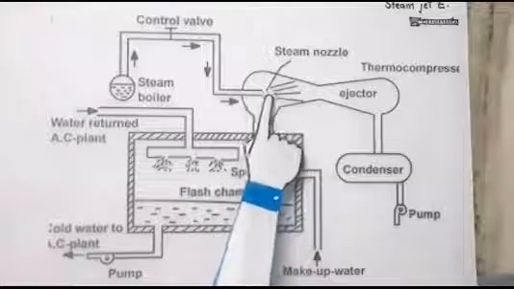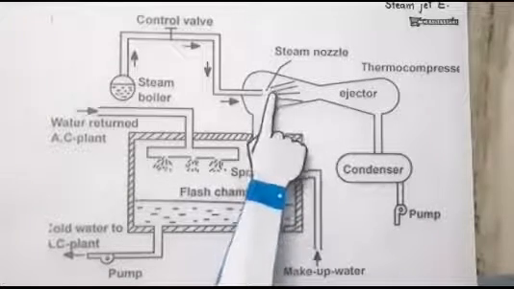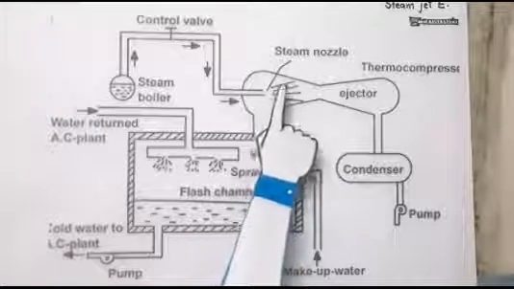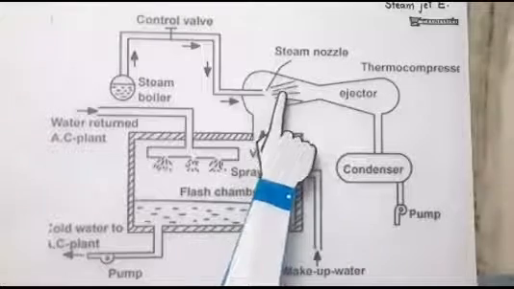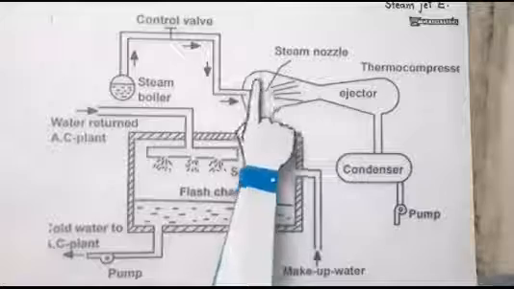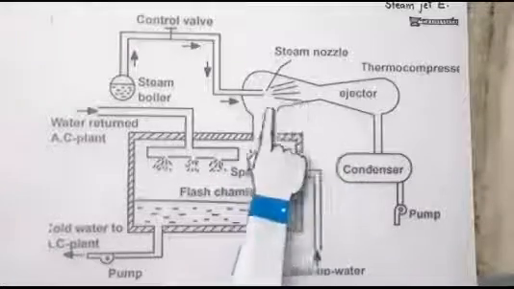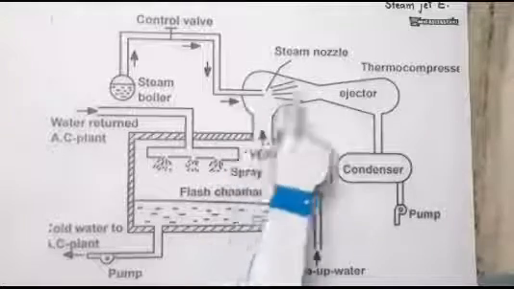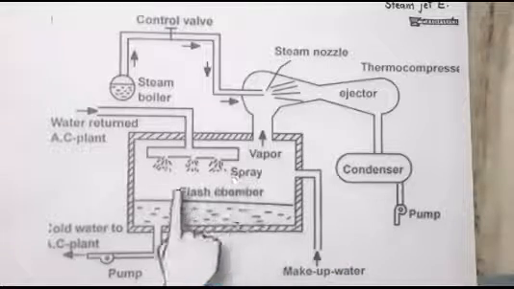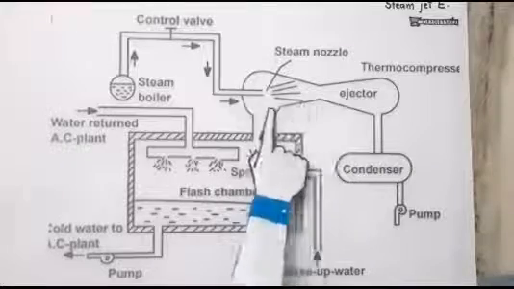That velocity is so high that it reaches supersonic level, sometimes even more. At such a high velocity, the pressure at that location decreases rapidly. That low pressure generation also decreases the pressure of this chamber. So as our objective is low pressure, this ejector generates it here.